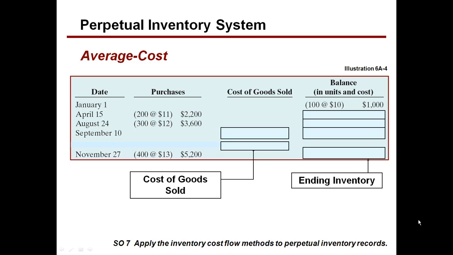Now, in this average cost, we must recalculate changes in average cost every time we have a new purchase at a different unit cost. So first of all, our total value is $2,200 plus $1,000 or $3,200 divided by the total units, 100 beginning plus 200 purchased or 300, to obtain an average cost of $10.66 each.